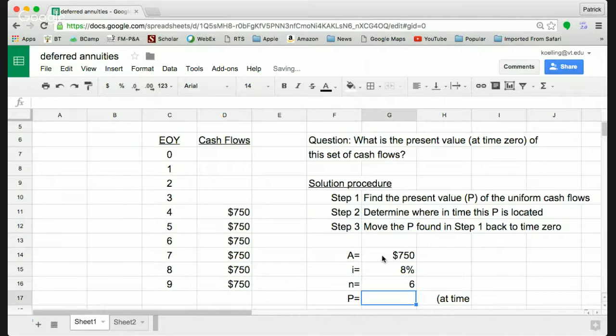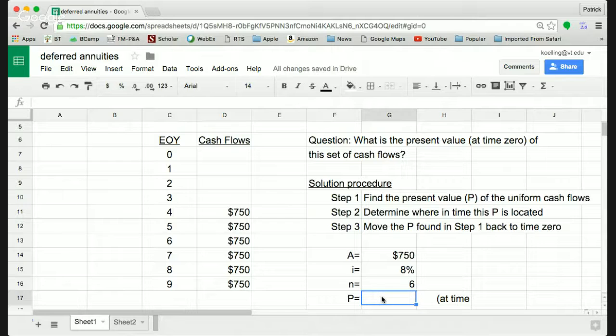We're not worried right now about the fact that this goes from time 0 all the way through the end of year 9. We're only concerned about one step at a time, and that means that the N is the number of uniform cash flows in the series. So now we need to find P, the present value. You should be able to do that now quite easily.